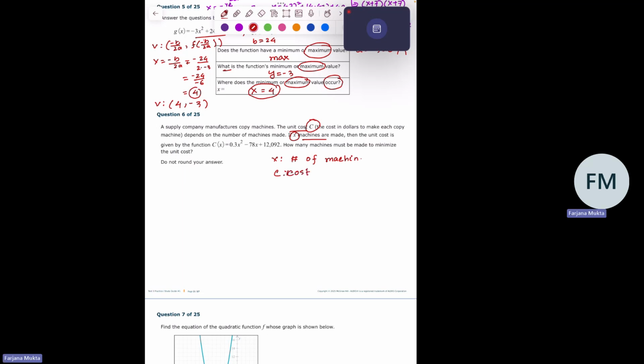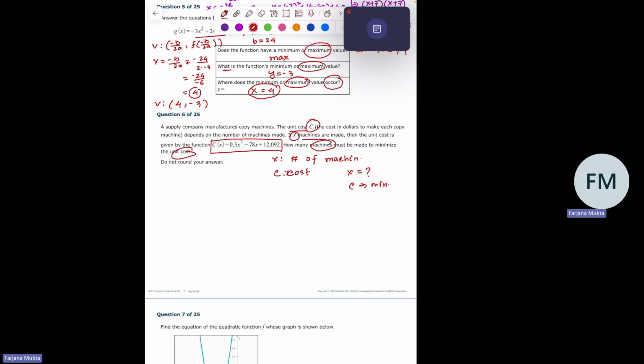So we are trying to find how many machines must be made to minimize the unit cost, so that C is minimized. So there can be two questions: how many machines are made to minimize the unit cost, and what is that cost. Again, notice that the cost function we are given is a parabola. That means the minimum or maximum, whatever is happening for this cost function, is going to happen at the vertex.